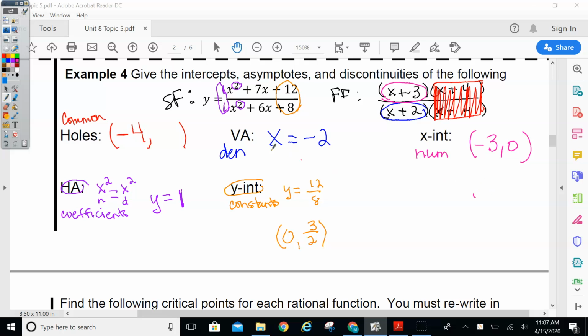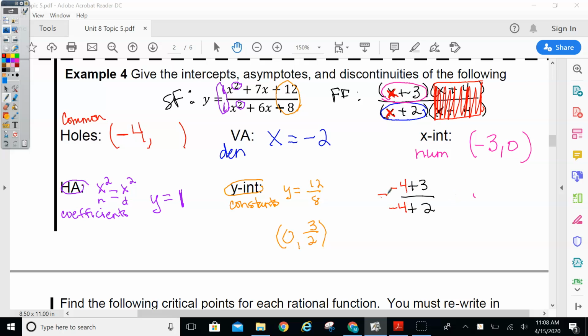Okay, so from here, the way we find the y-coordinate of the hole is you take this reduced form and into the x you substitute in the negative 4. So we have x plus 3 in the numerator and x plus 2 in the denominator. Then we just replace the x's with the negative 4. So negative 4 and negative 4.